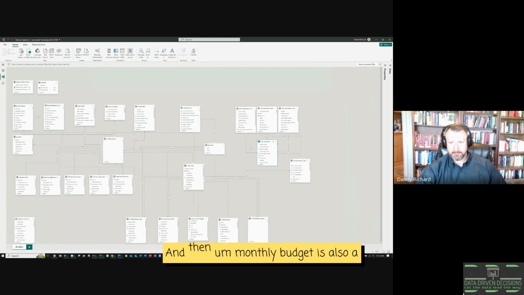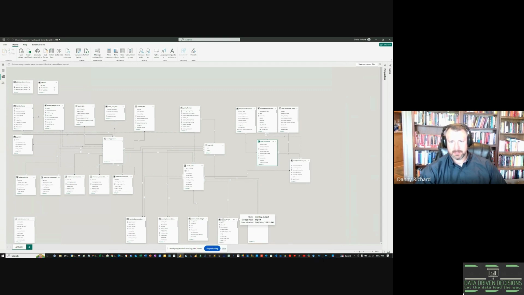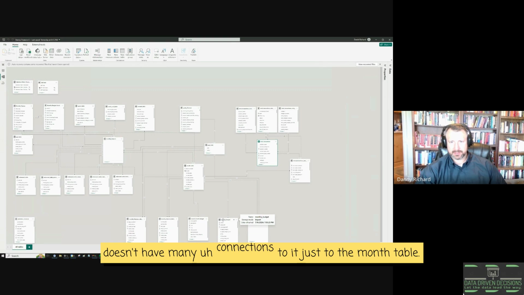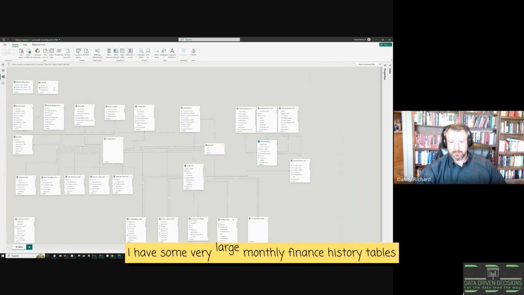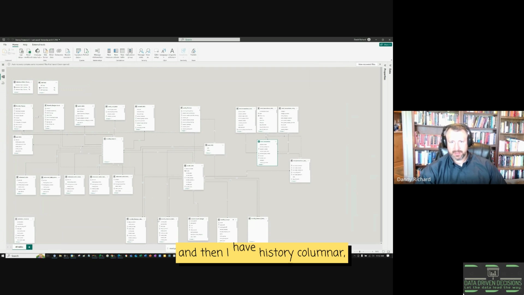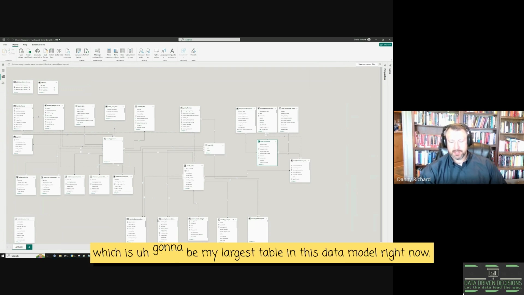And then monthly budget is also a nice fact table that doesn't have many connections to it, just to the month table. I have some new validation tables. I have some very large monthly finance history tables, and then I have history columnar, which is going to be my largest table in this data model.